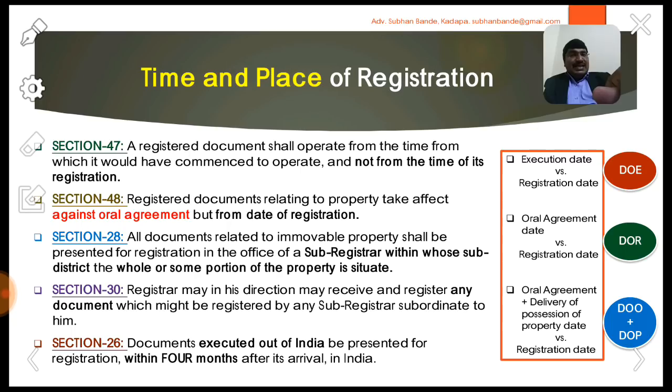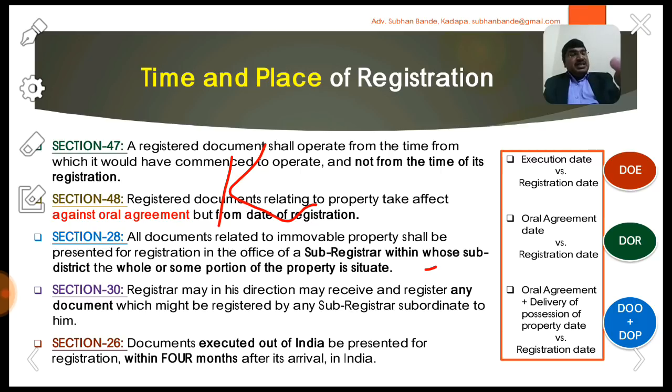According to section 28, all documents related to immovable property shall be presented for registration in the office of sub-registrars within whose sub-district the whole or some portion of property is situated. This is related to place of registration. If the property is situated in Kadapa district, the documents related to immovable property shall be presented for registration in the office of sub-registrar of Kadapa.